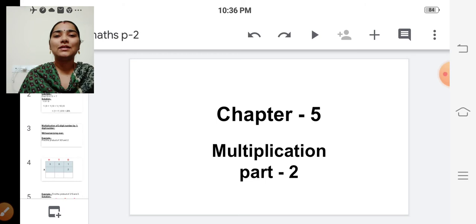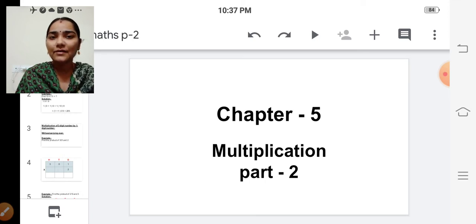So, in the last class, we started the new chapter, multiplication, isn't it? I hope you all have finished the worksheets that I gave. In the last class, we learned what is multiplication, what is multiplicand, and what is multiplier. What is multiplication?